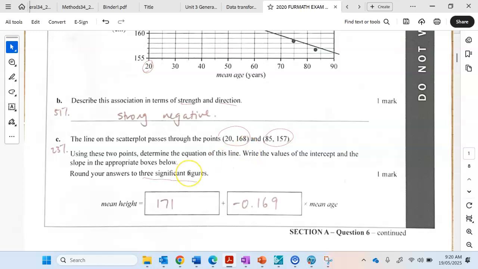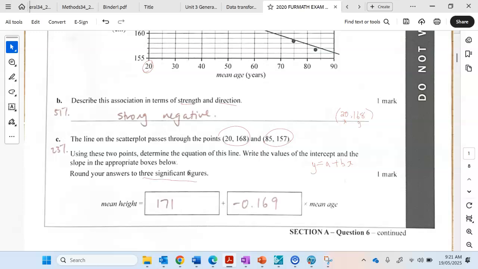Now, this equation down the bottom is in the form y equals a plus bx. All right, so we've got mean height and age. They're our x and y variables. But we can just solve it in our calculator. So if we're substituting in the point 20, 168, that's our x and that's our y.